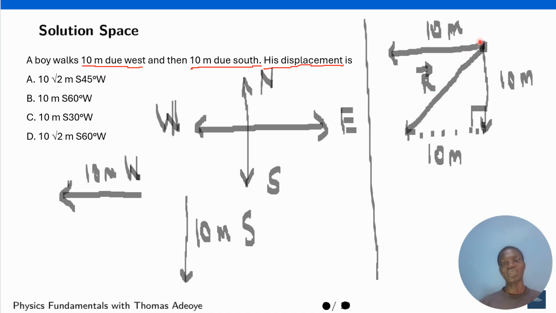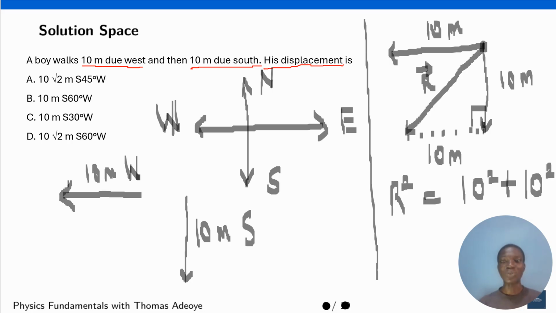This is the hypotenuse side. In order to find the hypotenuse side, we are going to go back to our trigonometry, and we are going to be using Pythagoras theorem. Let's borrow the math, and the formula is going to be something like this. r squared, which is the hypotenuse squared, will be equal to adjacent, which is 10 squared, plus opposite squared, another 10 squared.